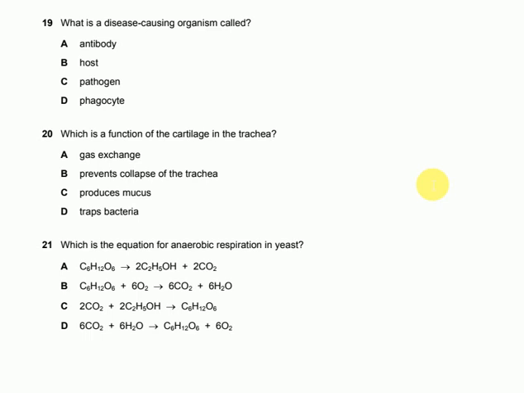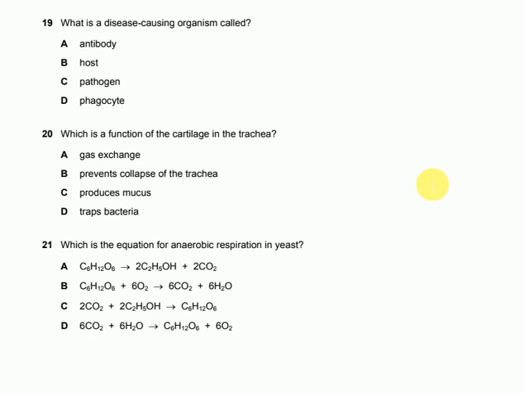So 19 is C. Which is the function of the cartilage in the trachea? Gas collection, produces mucus, traps bacteria, prevents collapse of the trachea. Now this is an interesting question. I made a mistake in my school exam, where they asked the same question, and I did not know the function of the cartilage in the trachea.